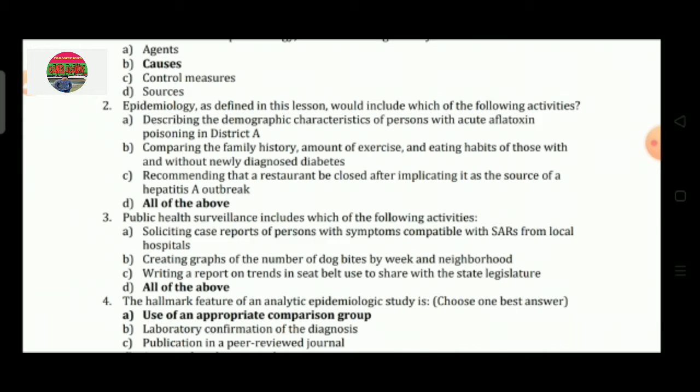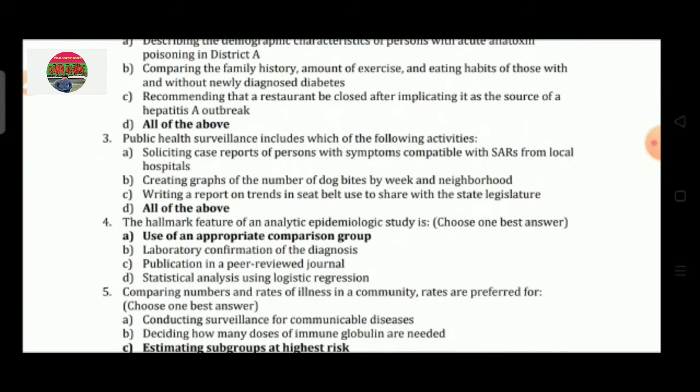Option C is recommending that a restaurant be closed after implicating it as the source of a hepatitis A outbreak. And option D is all of the above. So the correct answer is all of the above.